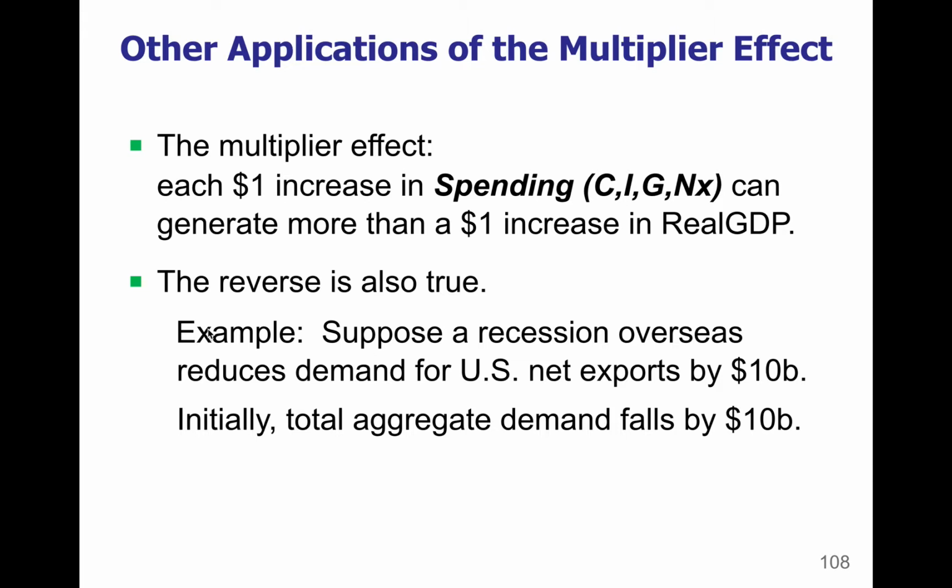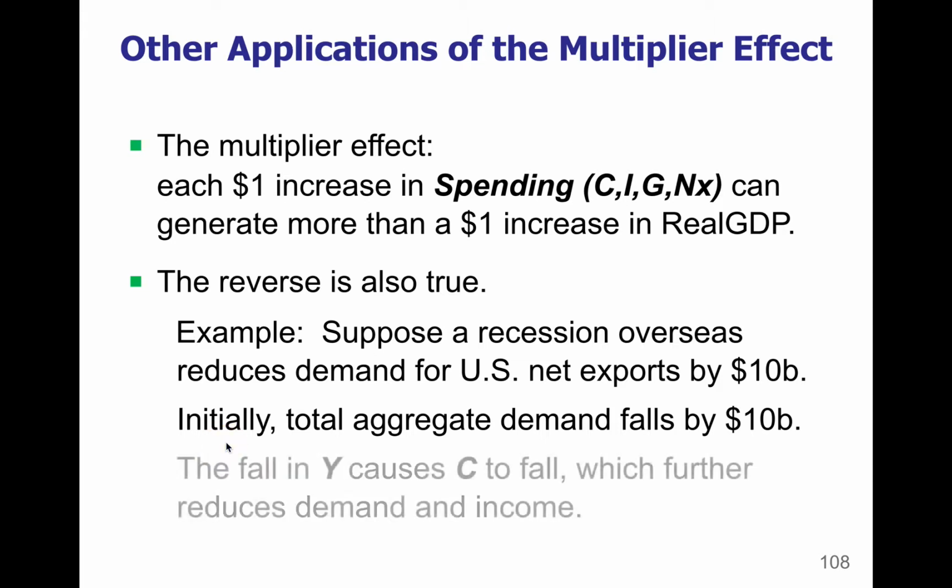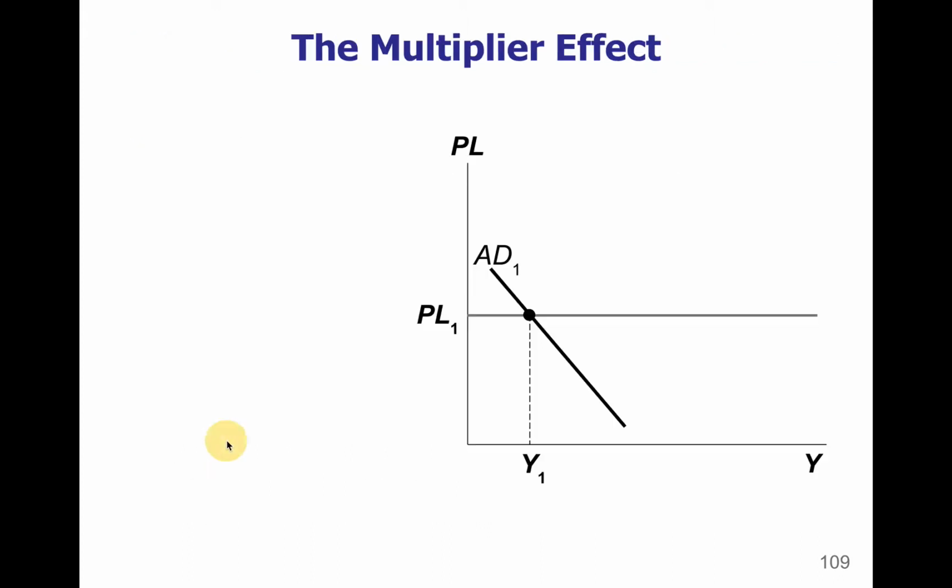They can't pay their workers, who don't have money to consume. So initially, aggregate demand is going to go down by 10 billion. But as this money, which was once given to workers and businesses, is no longer spent, then we have a fall in real GDP, which is higher than the $10 billion after everything trickles down.